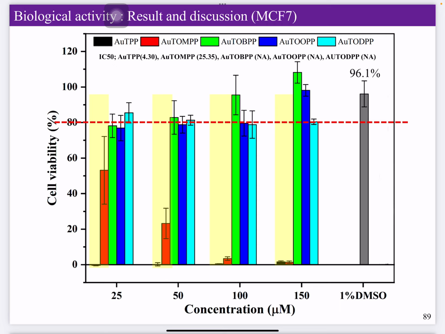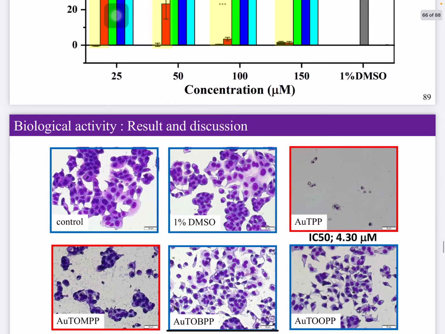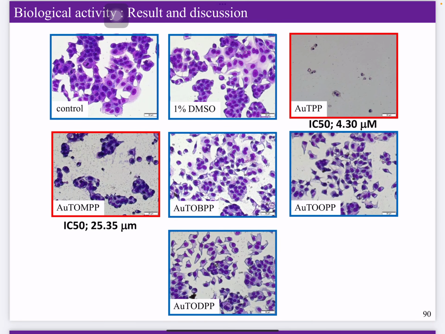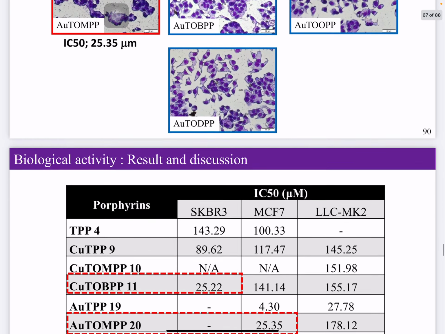However, the results are not in the way that we expected for the gold TOBPP, gold TOOPP, and TODPP. This microscope information shows that with gold TPP the majority of cells die, with the IC50 of 4.30 micromolar, and also TOMPP with a concentration of 25.35 micromolar.